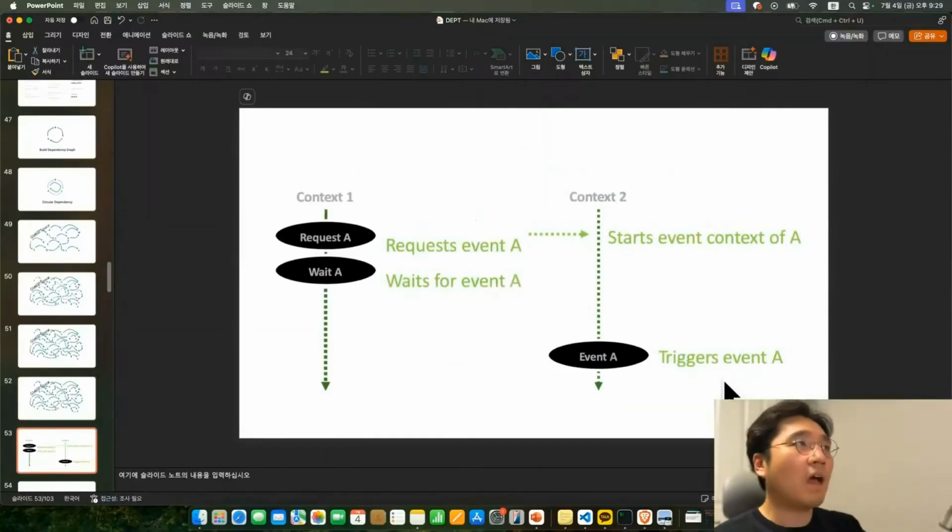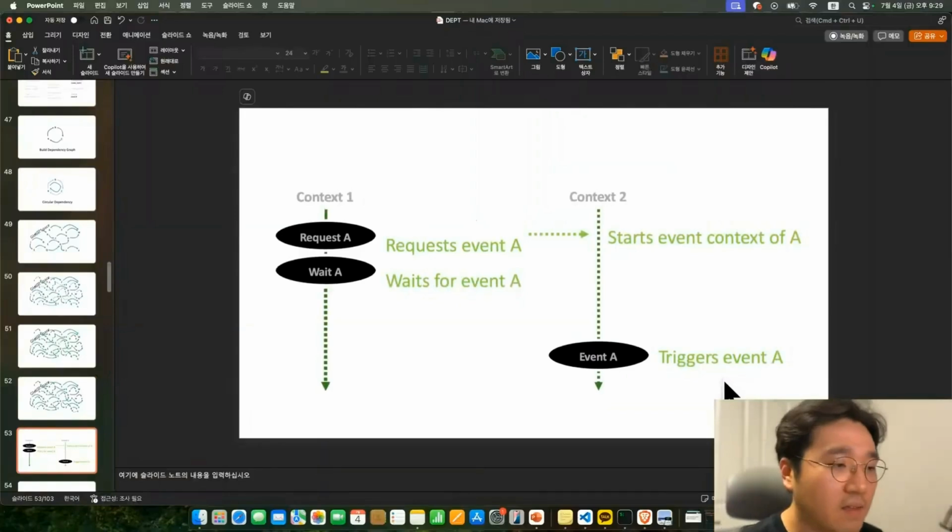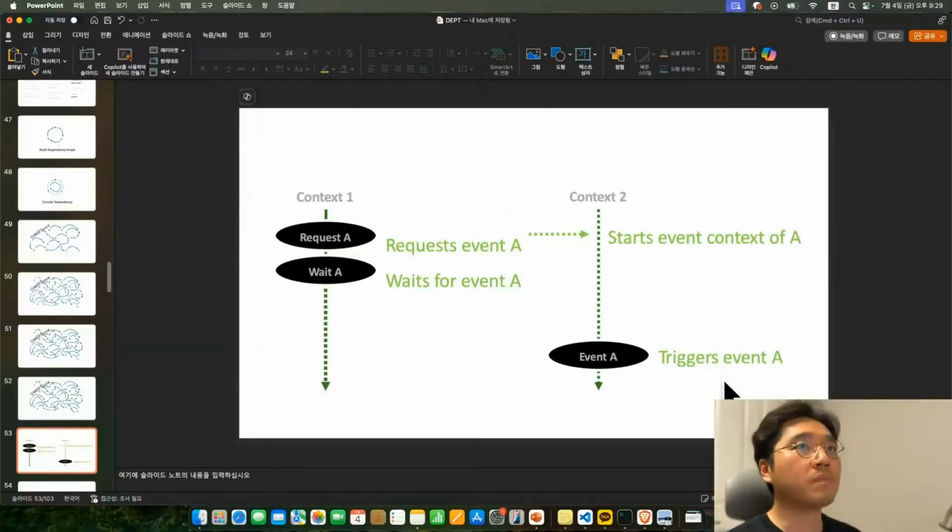So I will summarize how we can analyze the DEPT report.